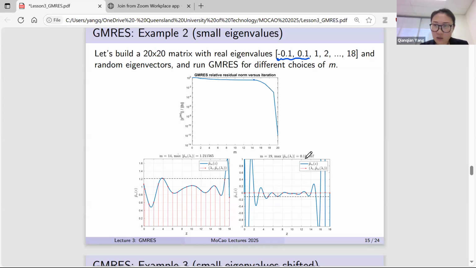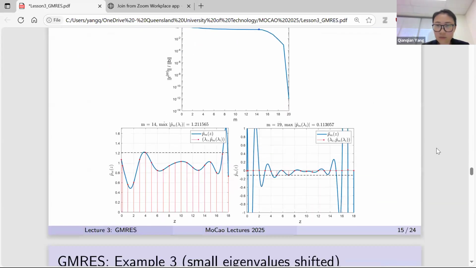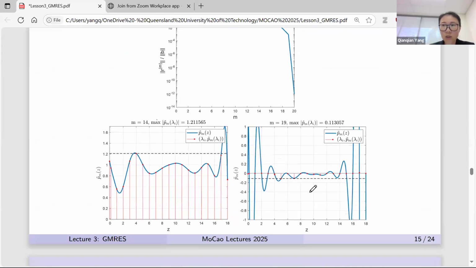Maybe it's a bit hard to see here, so let me make this a little bit bigger. The point I'm trying to make is to look at these small eigenvalues. Remember, I picked these small eigenvalues on either side of the origin.